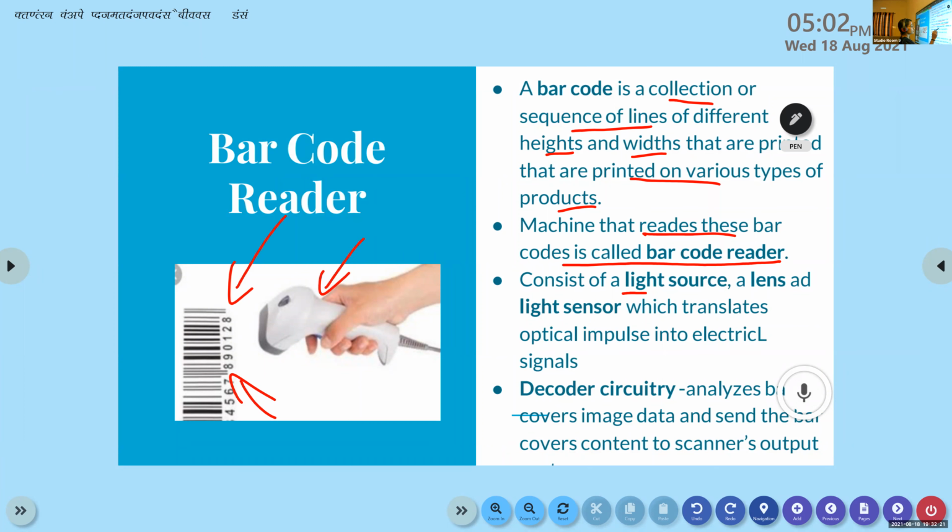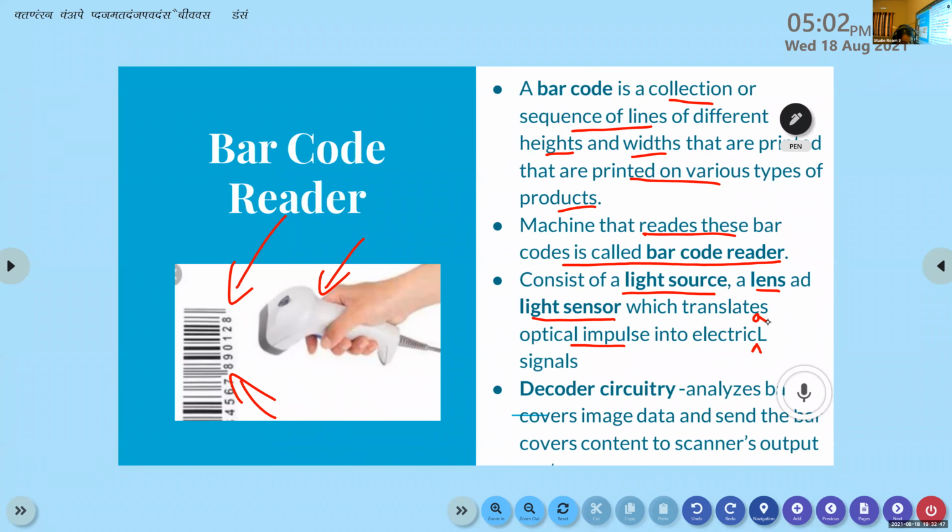It consists of a light source, a lens, and a light sensor, which translates the optical impulse into electrical signals.